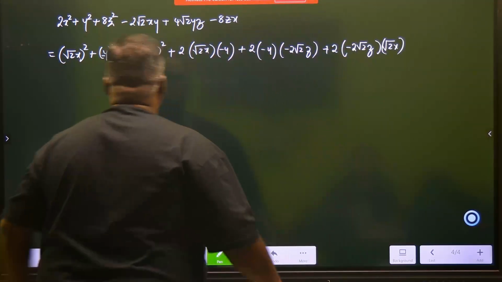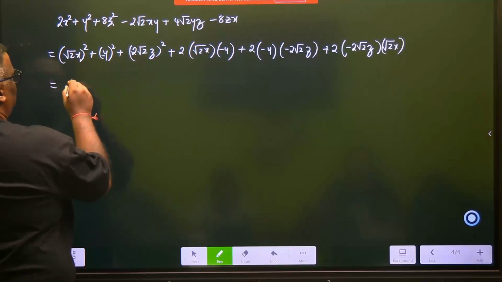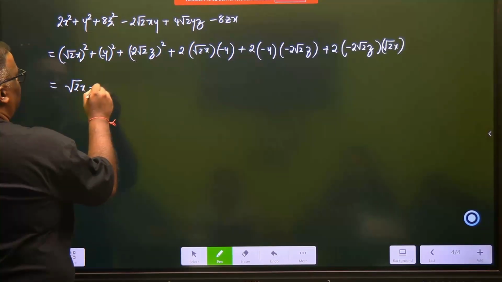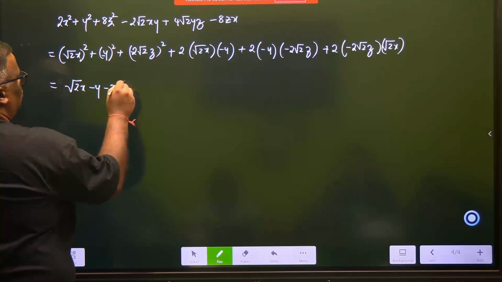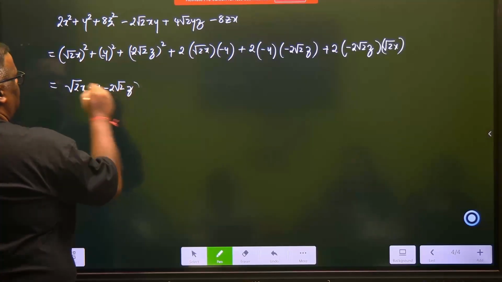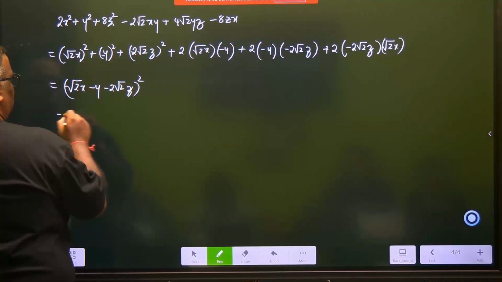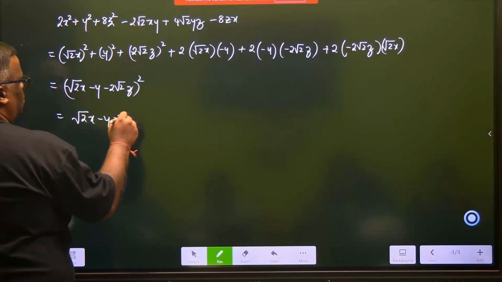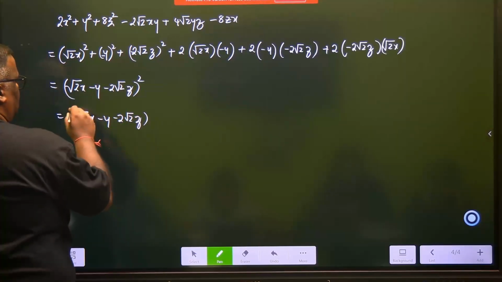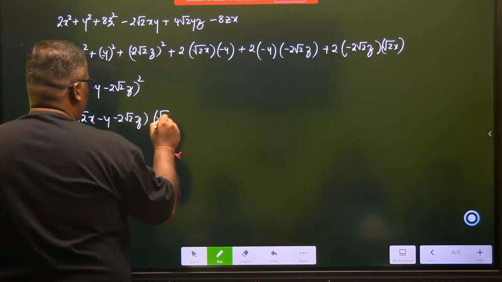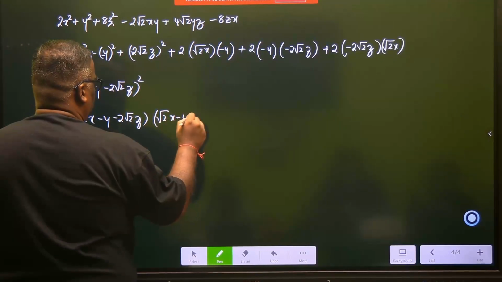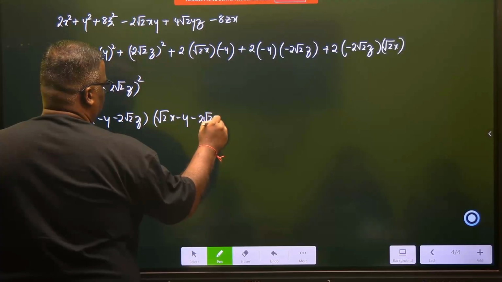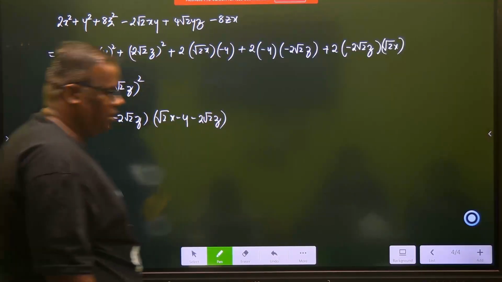Yeah, we are correct. We're done. So this would be root 2x minus y minus 2 root 2z whole square, which will give you root 2x minus y minus 2 root 2z, and again root 2x minus y minus 2 root 2z. That's it. We're done.